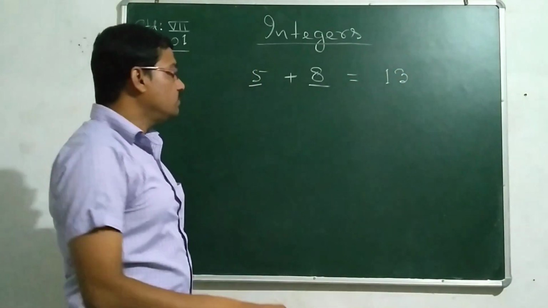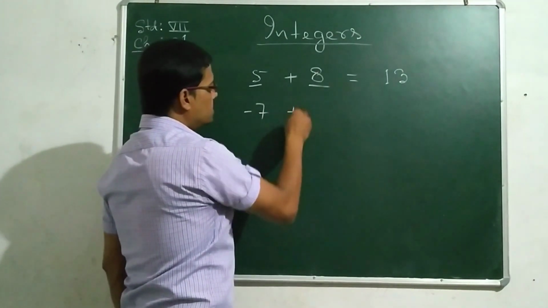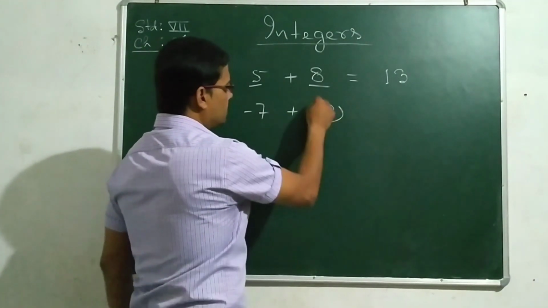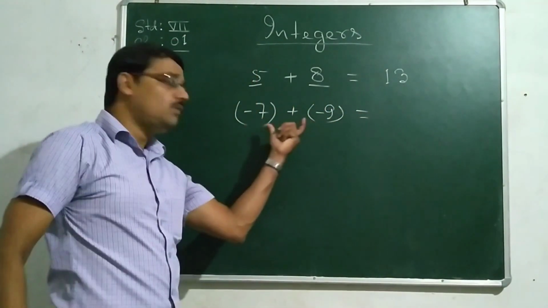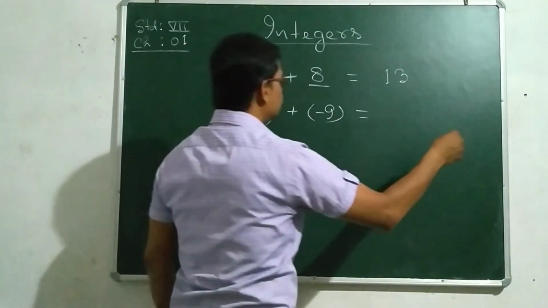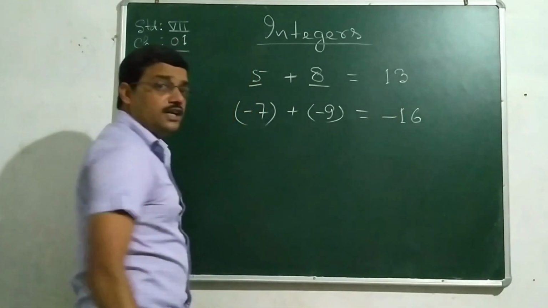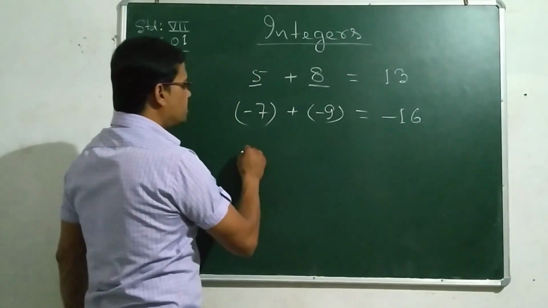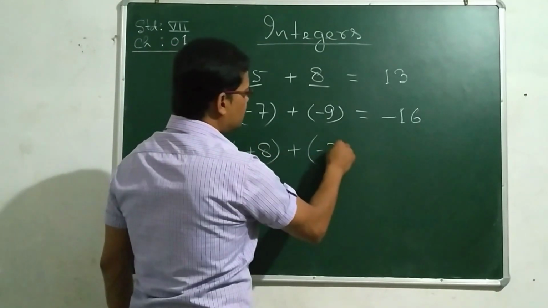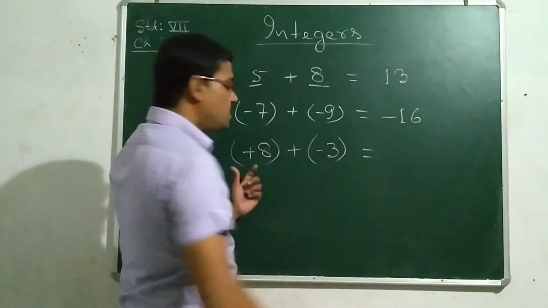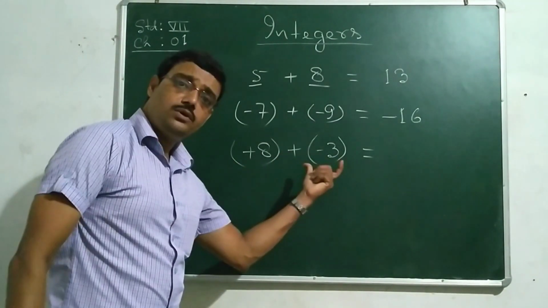The sum of two negative integers, -7 plus -9, will be the actual sum of both the integers, that is 16, but the sign will be negative. If you add one positive, say +8 plus -3, then the result will be the actual difference of both the numbers.